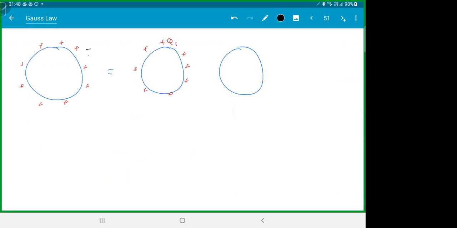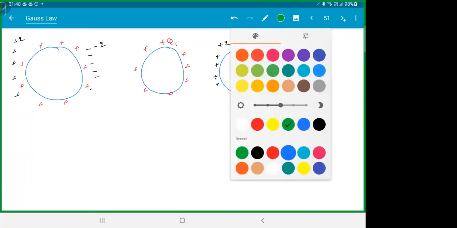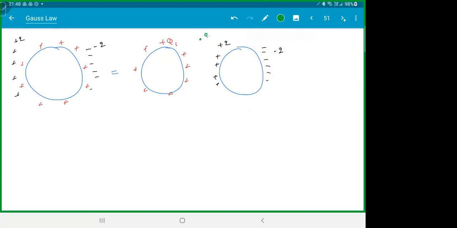And one more non-uniform, minus Q and plus Q. Agreed? So if you want to find the force at this point here, you can actually split it into two pieces.